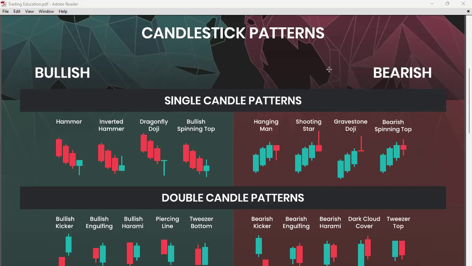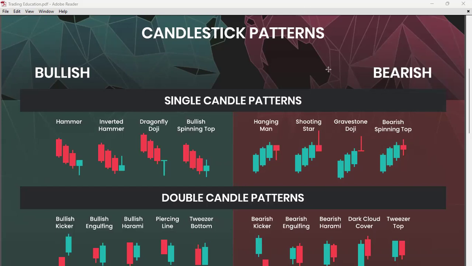If you have been on this page for quite a long time now, you should know that we have addressed candlestick patterns in the intermediate class playlist. We have beginners, intermediate, and advanced.